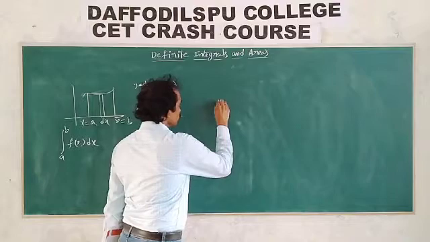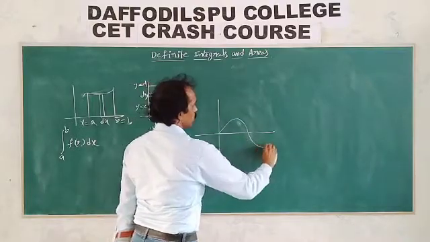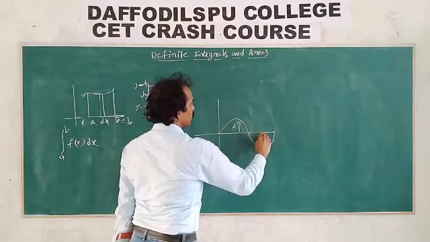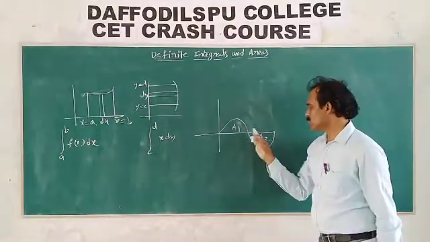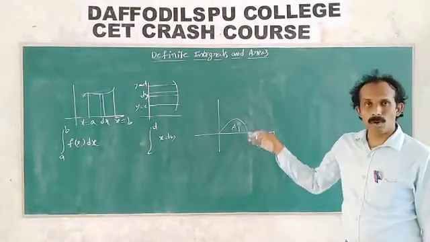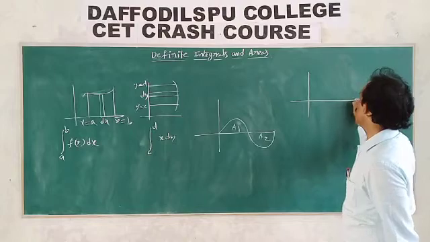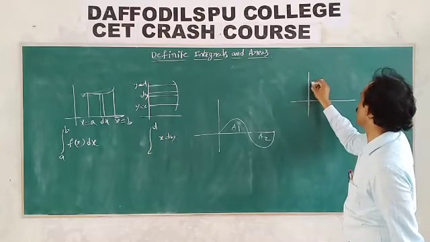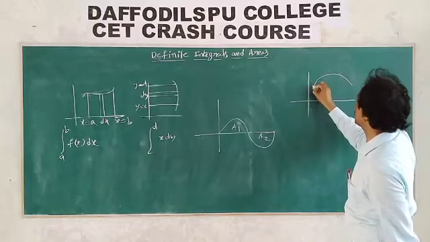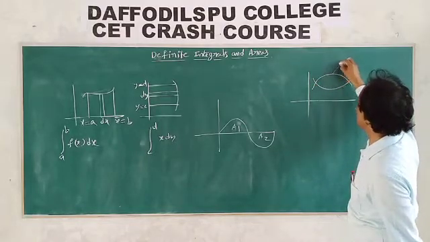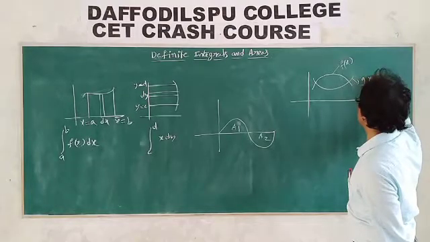And next, if any negative components come, like this one for a1 and a2, negative area is always positive, so it is better to take the modulus. And next, the intersection of two curves. This is f of x and this one is g of x.